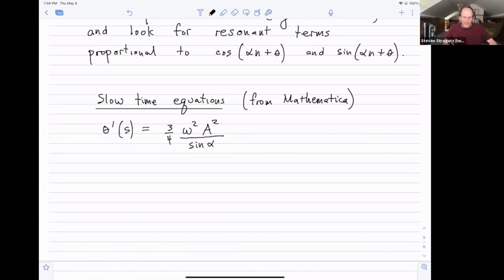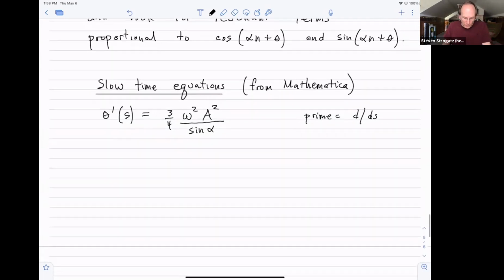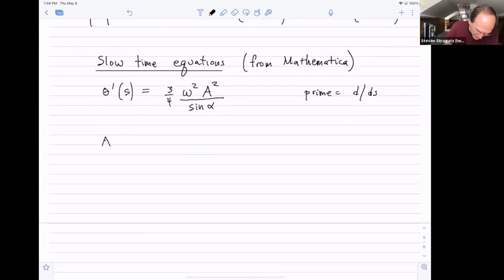This is the one that had the cosecant in it. So there's that. And the other one, so this came from here. So prime means d/ds. And the other one is much simpler. It's just A prime is equal to 0.